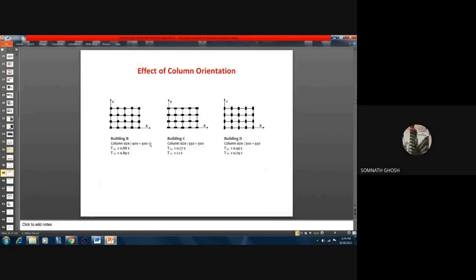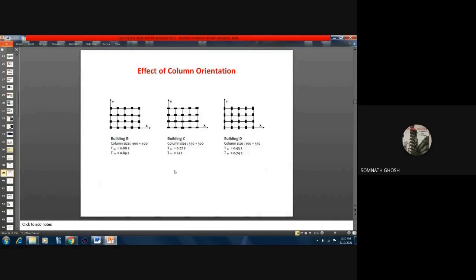Here it is 400 by 400, almost square, and here it is 550 by 300, rectangular. Another person just changes the direction. You see the time period is changing. So the orientation of the column is very important.